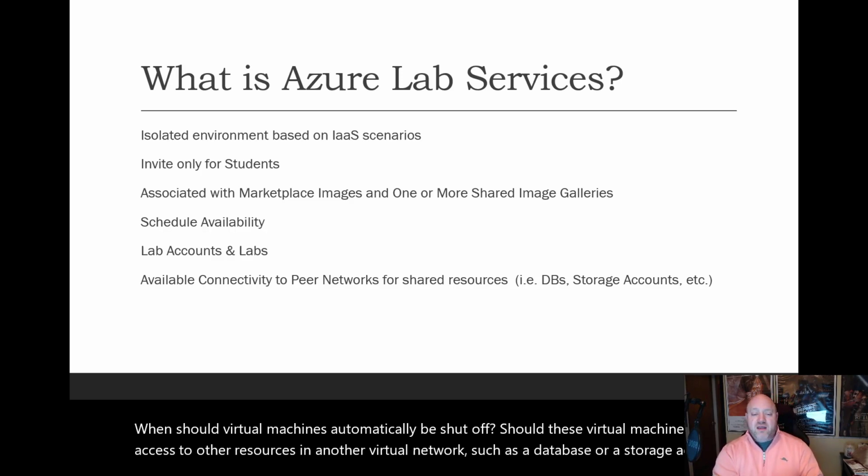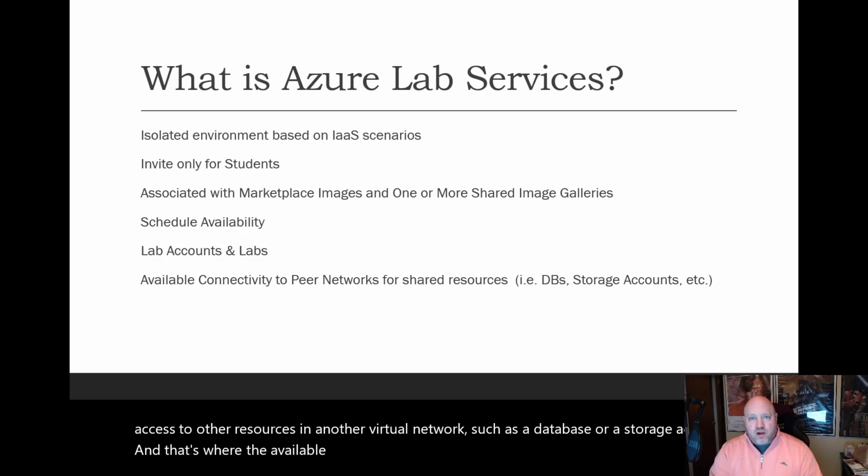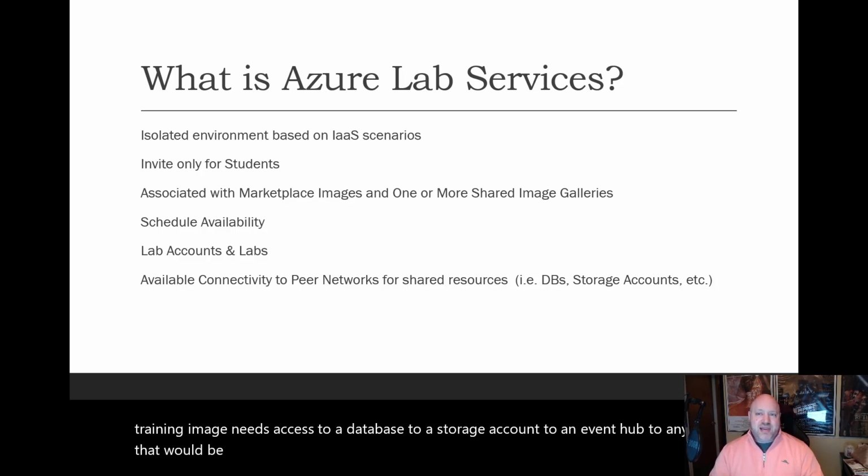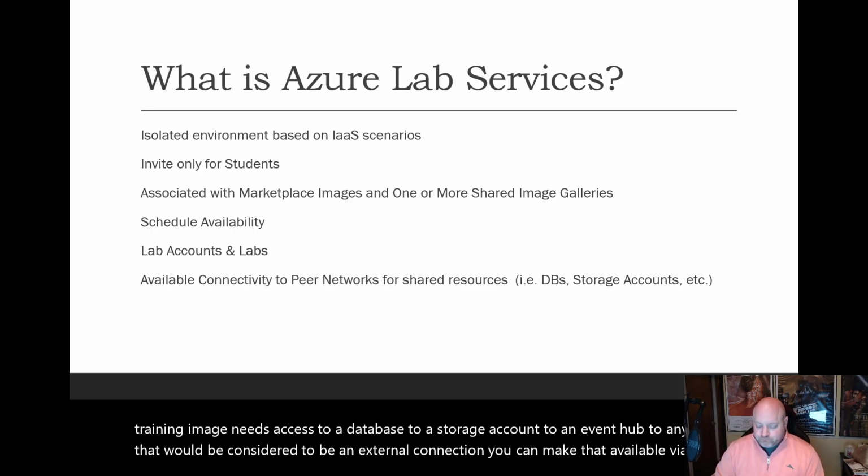And that's where the available connectivity to peer networks comes into play if your training image needs access to a database, to a storage account, to an event hub, to anything that would be considered an external connection. You can make that available via the peer network.